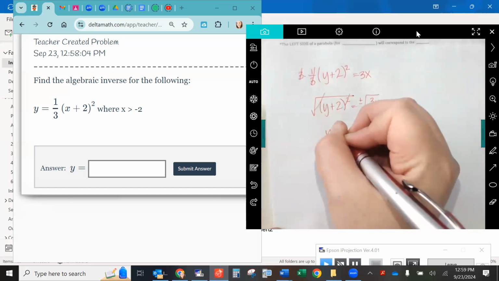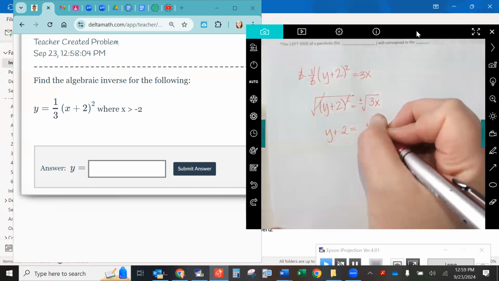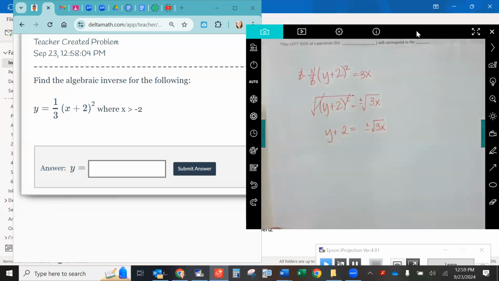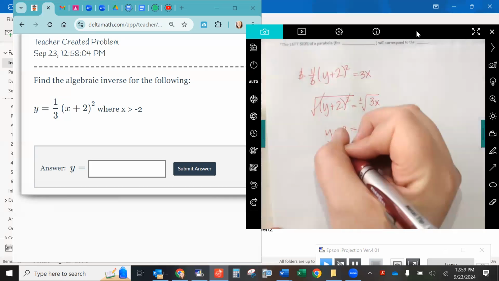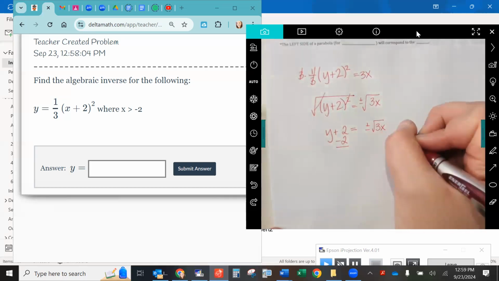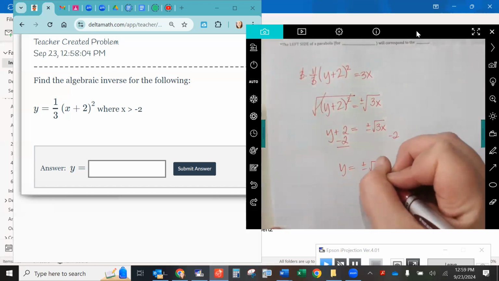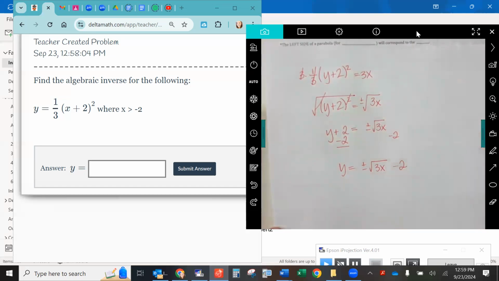I have y plus 2 equals plus or minus the square root of 3x. We get the 3x. We got rid of the 1/3 as a divide by 3, so we times by 3. Okay, what's the last step with the plus 2? We have to minus the 2 across, which means that I have y equals plus or minus the square root of 3x minus 2. Now, one thing that is important here, you minus the 2 after the square root was already there, so the 2 should not be on the inside.